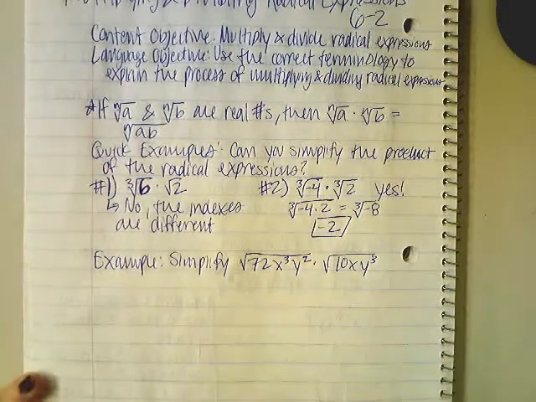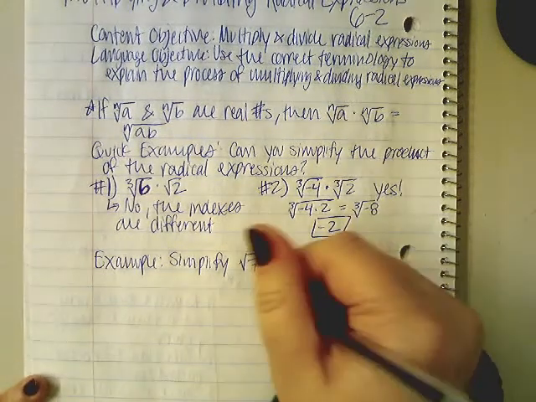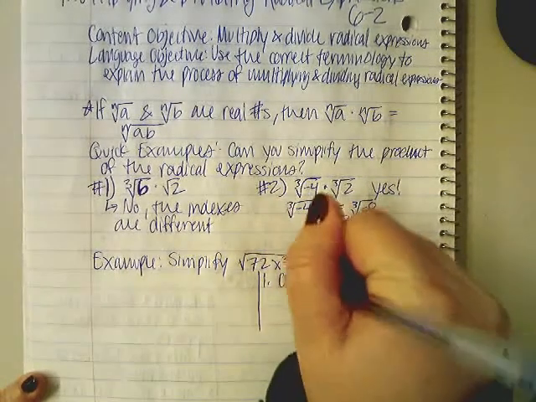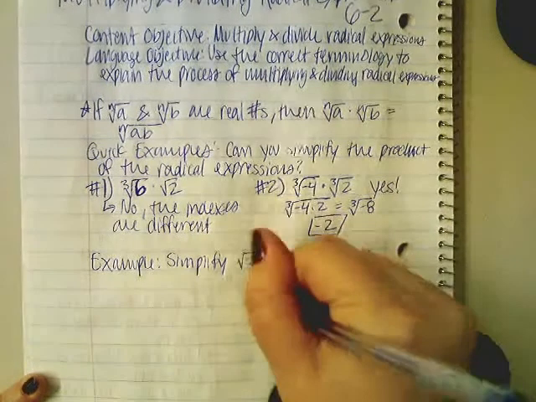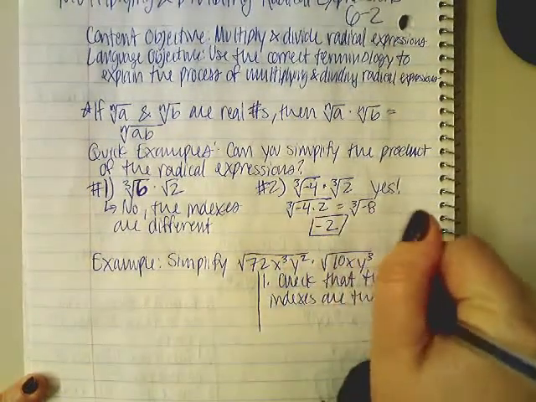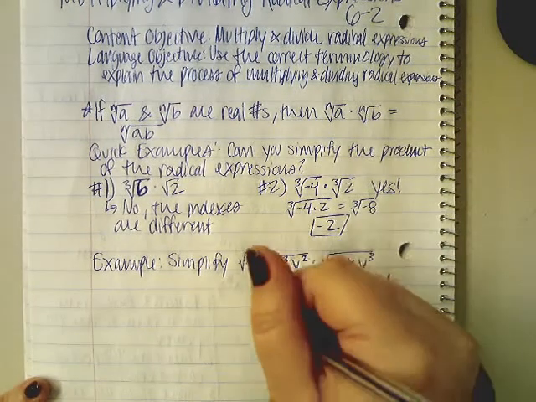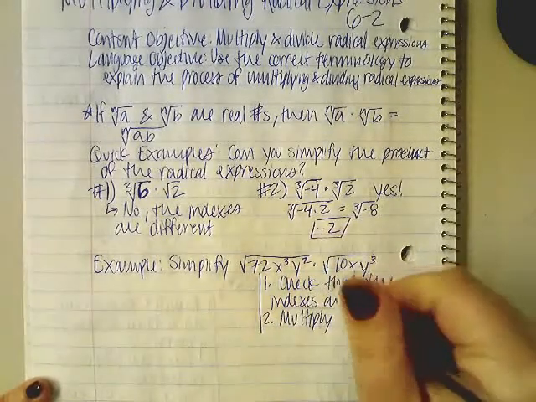It's nothing in there, so it implies it's a square root, or that there's a 2 in the index. So the first step I'm going to do is, like we just did, check that the indexes are the same. And since they are, I'm going to multiply the radicands.